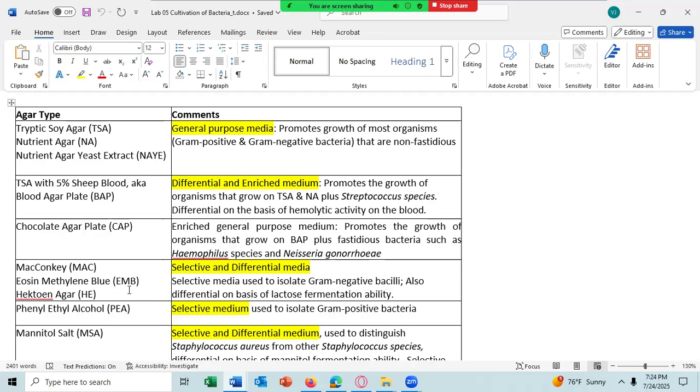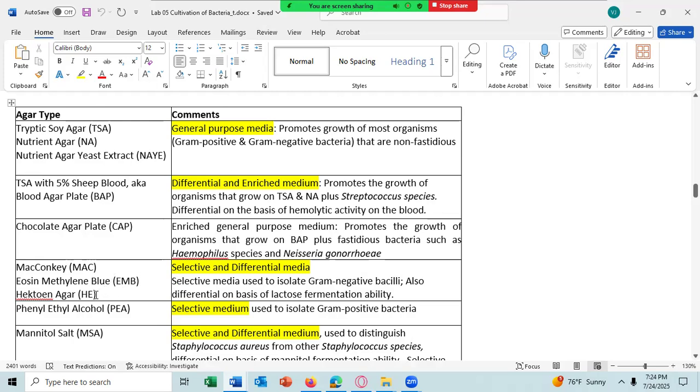You can differentiate based upon their lactose fermentation. If they engage in lactose fermentation, there will be one color. And if they cannot ferment lactose, they will be their normal color. MacConkey's, if it ferments lactose, it'll be pink. EMB, eosin methylene blue, will be either dark color or metallic color if it can ferment lactose.